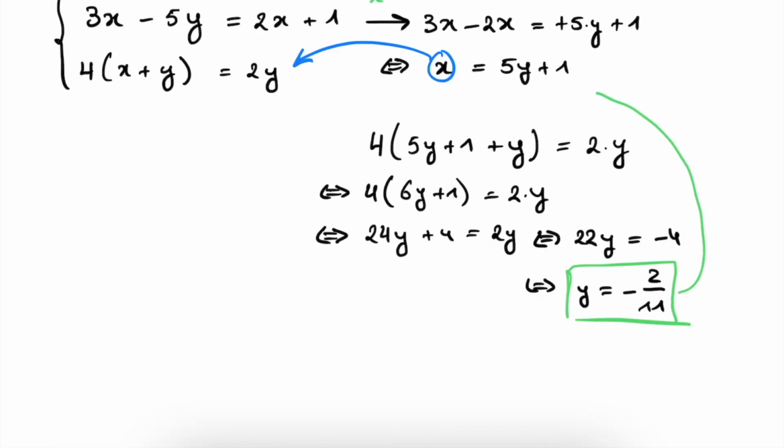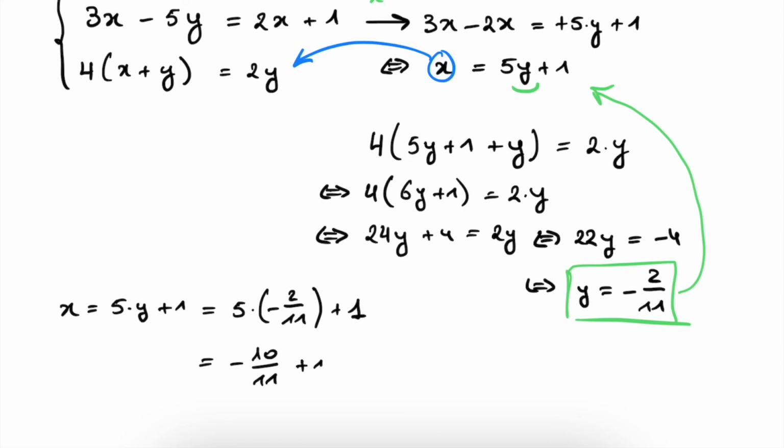And we already have our first result, which is that y is equal to minus 2 over 11. This can be used in our first equation again, where we got an expression for x as a function of y. But now this y can just be filled in as minus 2 over 11. So we get that x is equal to 5 times y plus 1, which is 5 times minus 2 over 11 plus 1. Or it is equal to minus 10 over 11 plus 1.